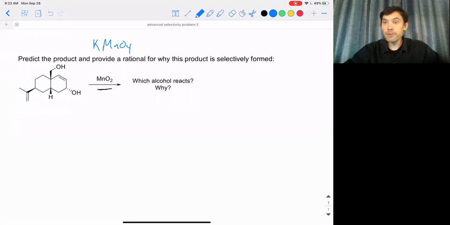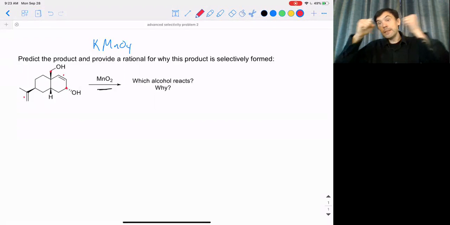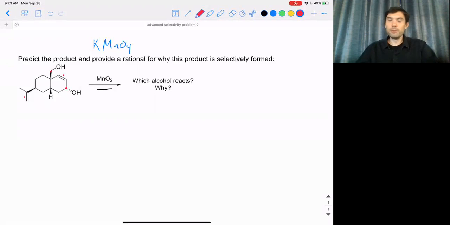Well, it's going to give us some form of selectivity. Just like permanganate, MnO2 is still an oxidant, and so we're going to oxidize one of our functional groups here. If we think about it, we actually have four functional groups that could be oxidized. We know permanganate, in the presence of alkenes, will dihydroxylate them and then cleave the carbon-carbon bond in between, a cool way to make carboxylic acids.